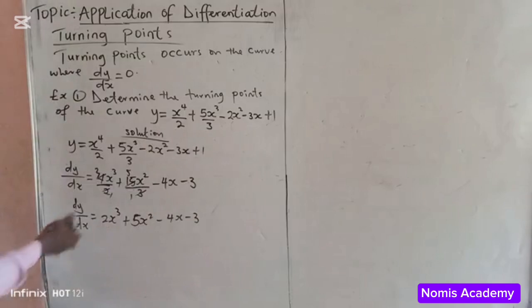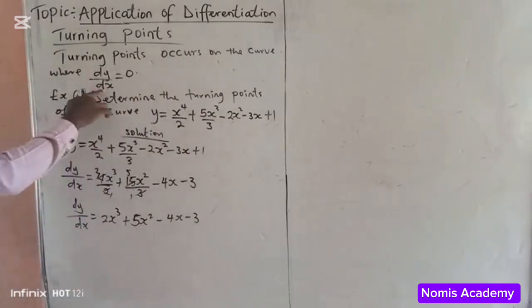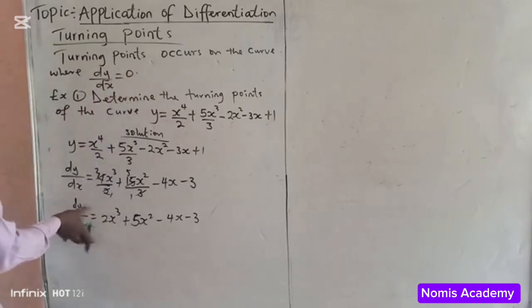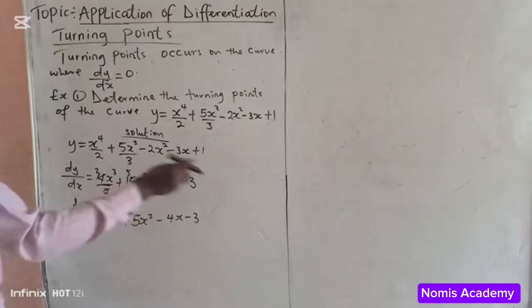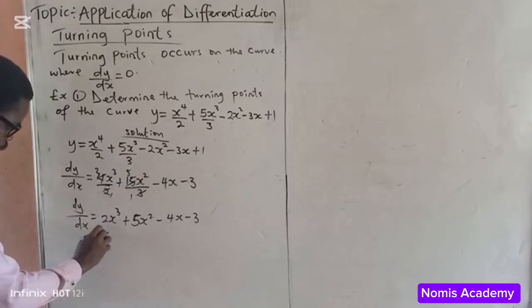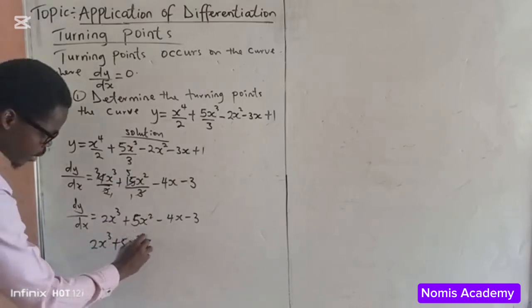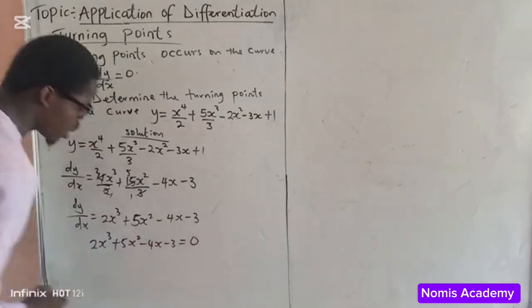Now we say that a turning point occurs on the curve where dy/dx is equal to 0. So we are going to equate dy/dx to 0 to determine the turning points. So we now say 2x cubed plus 5x squared minus 4x minus 3 equal to 0.